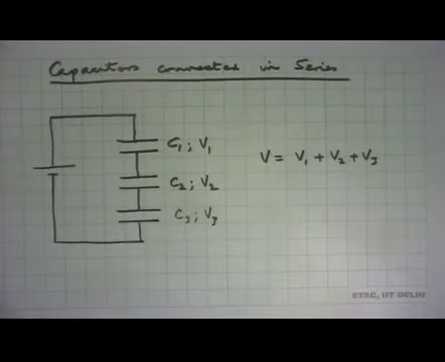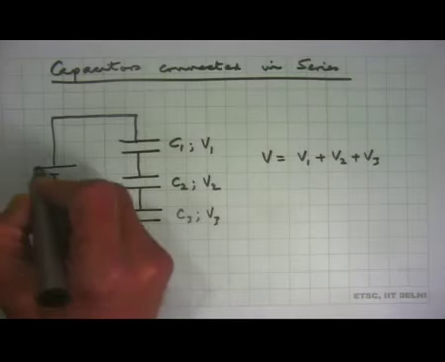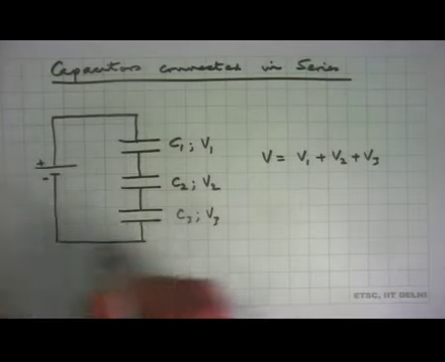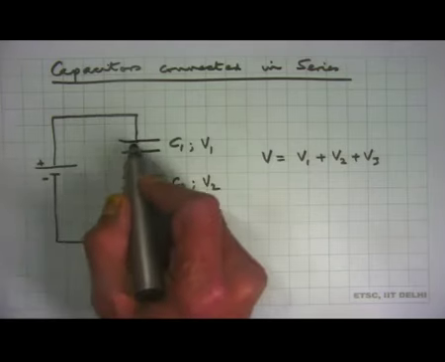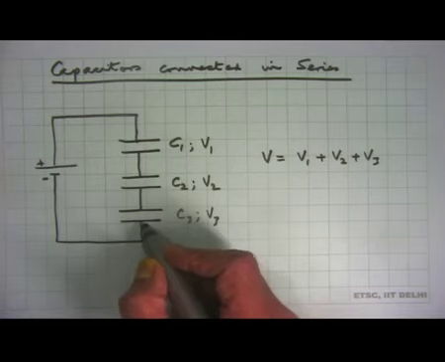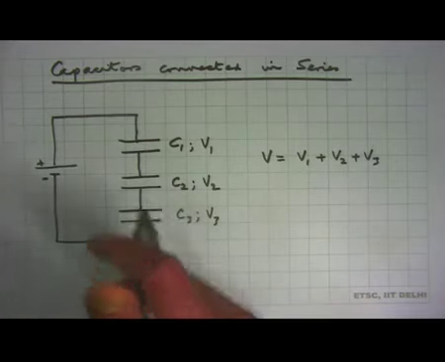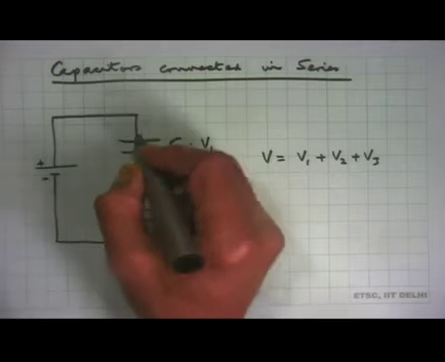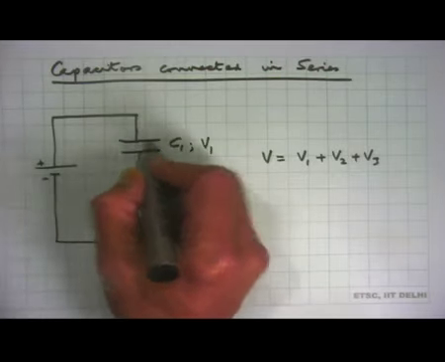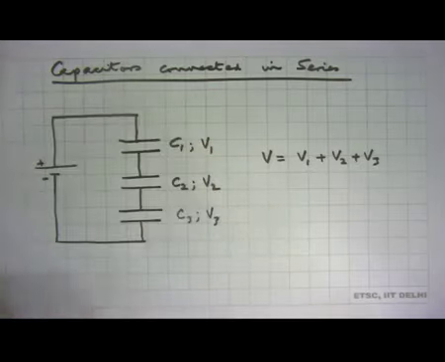So, we want to understand what happens when the battery is connected to the capacitors. This is the positive side of the battery, this is the negative side. The positive side is connected to the upper plate of capacitor C1, which is then connected to C2, which is connected to C3. Let us see what happens when the battery is connected. The positive charge of the battery pulls electrons from the upper plate of the capacitor C1, and so the upper plate of C1 gets charged positively.